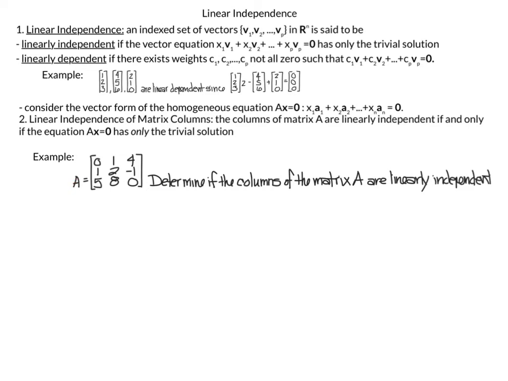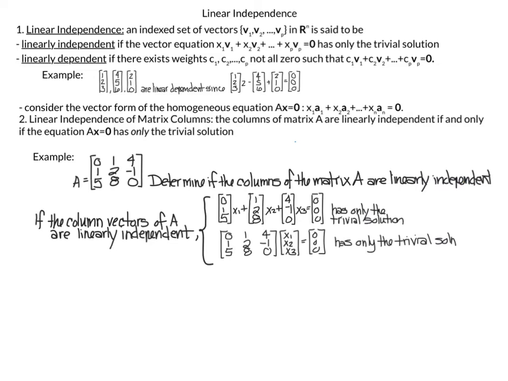Our matrix A is equal to 0, 1, 5, 1, 2, 8, and 4, negative 1, 0. Determine if the columns of matrix A are linearly independent. If the column vectors of A are linearly independent, I can look at this as a linear combination of the column vectors and say the homogeneous equation has only the trivial solution, or I can use this theorem that says the columns of matrix A are linearly independent if and only if the equation Ax equals 0 has only the trivial solution.